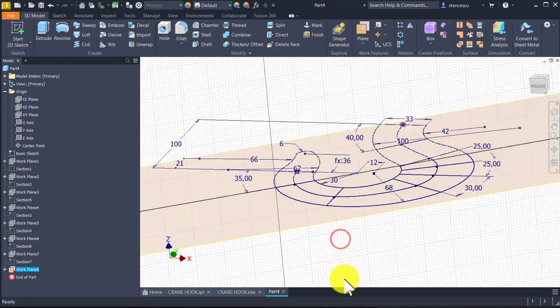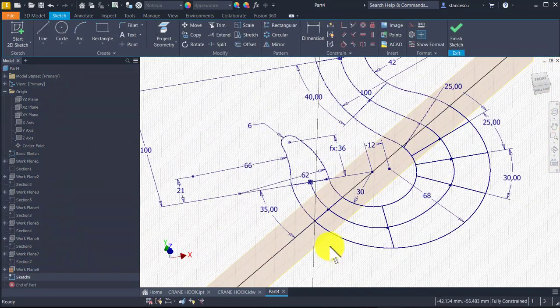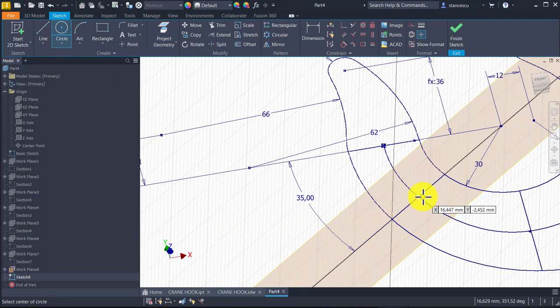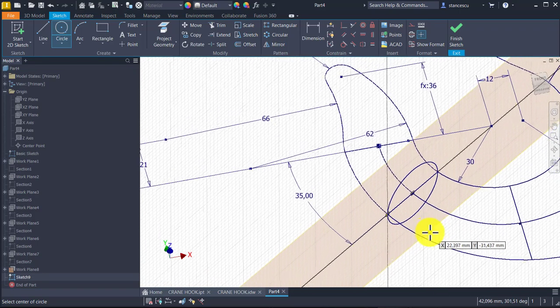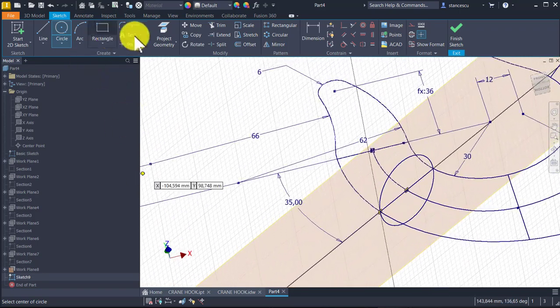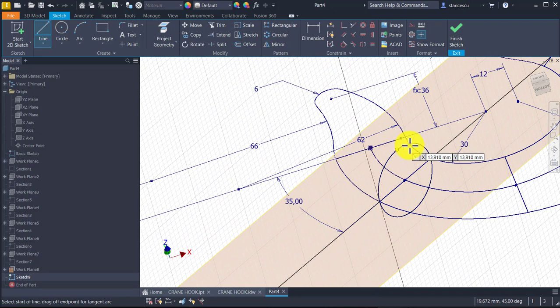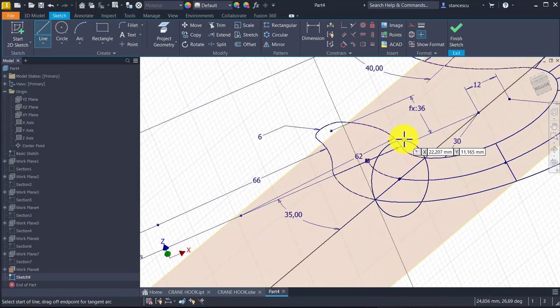A sketch, F5 to go back, and we project the diameter. We draw the circle from this center to this point, and we draw two lines. You observe what is the order.